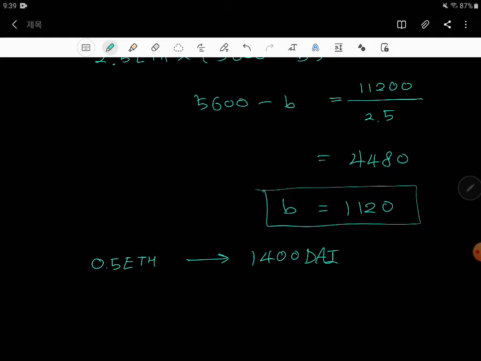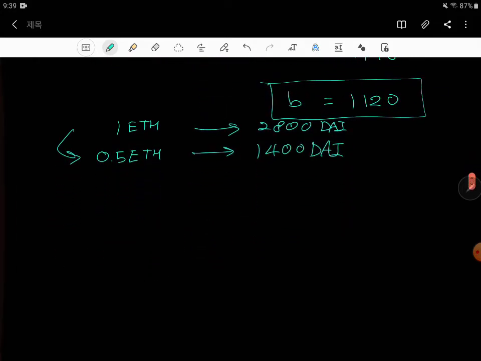Because 1 ether is 2,800 DAI, so 0.5 ether is 1,400 DAI. So supposedly you should have this, but now you're having 1,120, and this is the price impact. Okay, number 3, price impact.